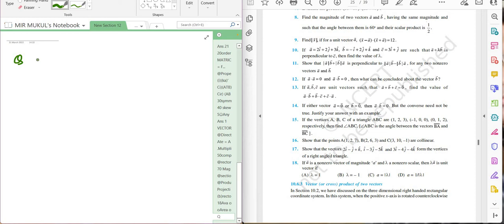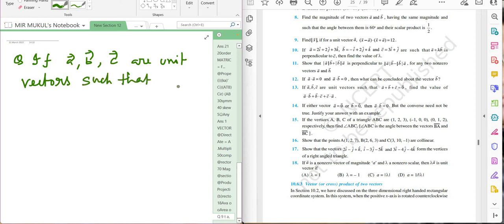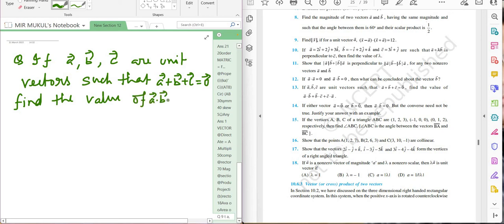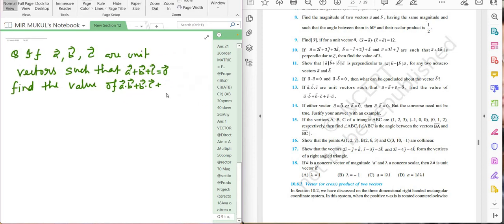So if A, B, C are unit vectors such that A plus B plus C equals the zero vector, find the value of A dot B plus B dot C plus C dot A. This value we have to find.